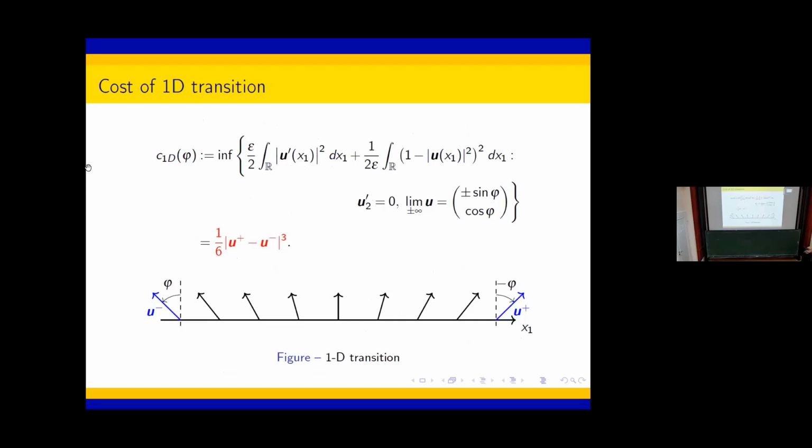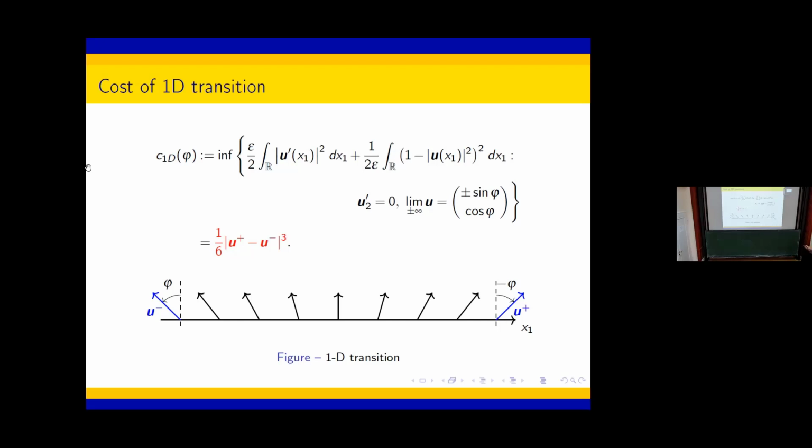So I define the cost of the 1D transition between an angle phi and an angle minus phi, which correspond to u minus and u plus in the direction x1, which was the vertical direction in previous slides.